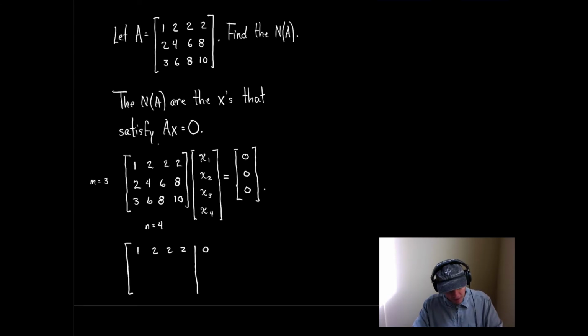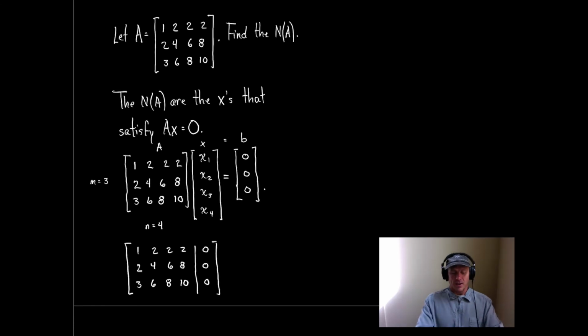Remember, if you think of this as Ax equals B, in this case B is 0. So then we'd write our augmented matrix: 2, 4, 6, 8, 0, 3, 6, 8, 10, 0. And that gives me my augmented matrix.